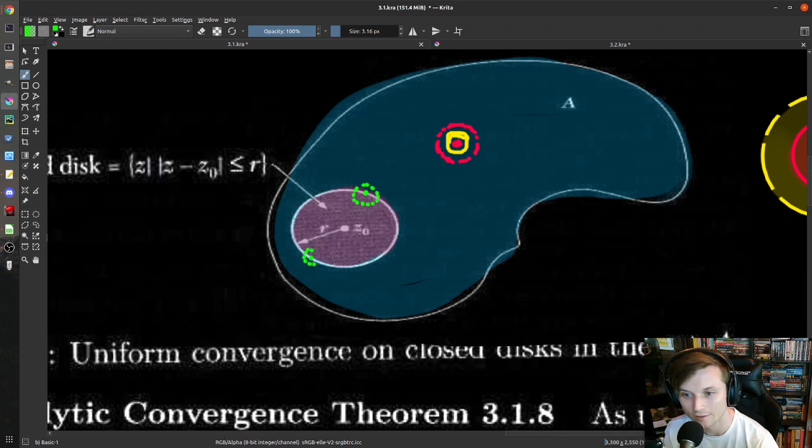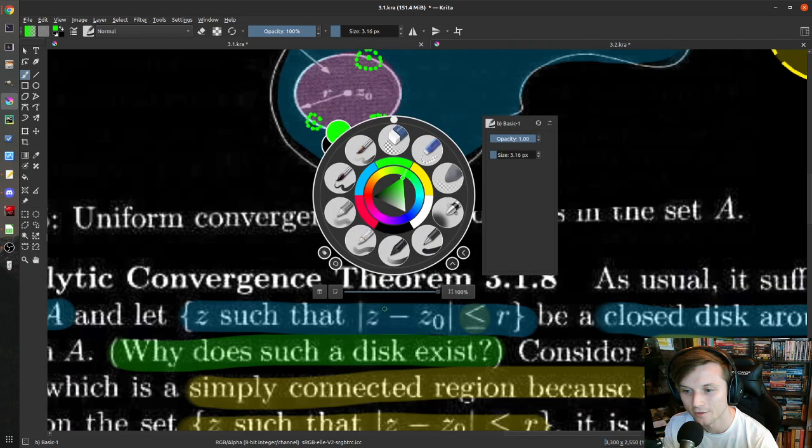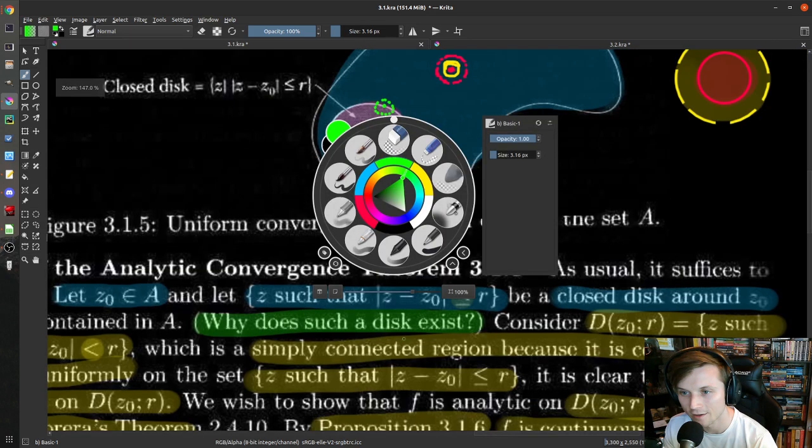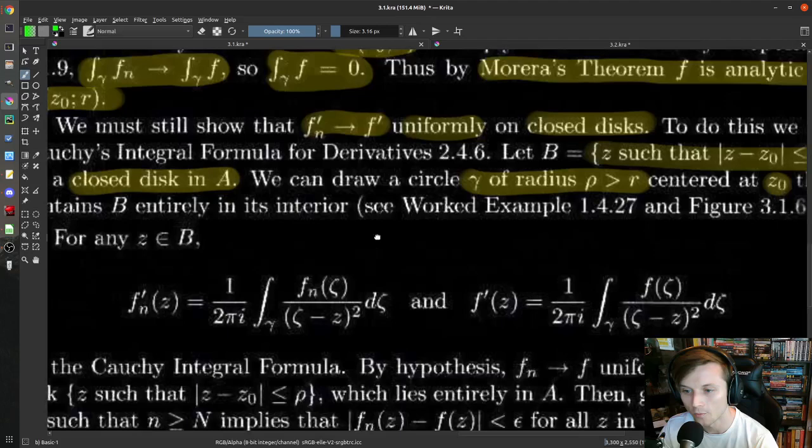But if we can do that at every single point, that means there's a little bit more on the outside of every point that we could put into the disk. So we can grab a little bit bigger disk and still stay in A. Oh, okay, so that's all that's going on. Just using the nice properties of open sets again and again.